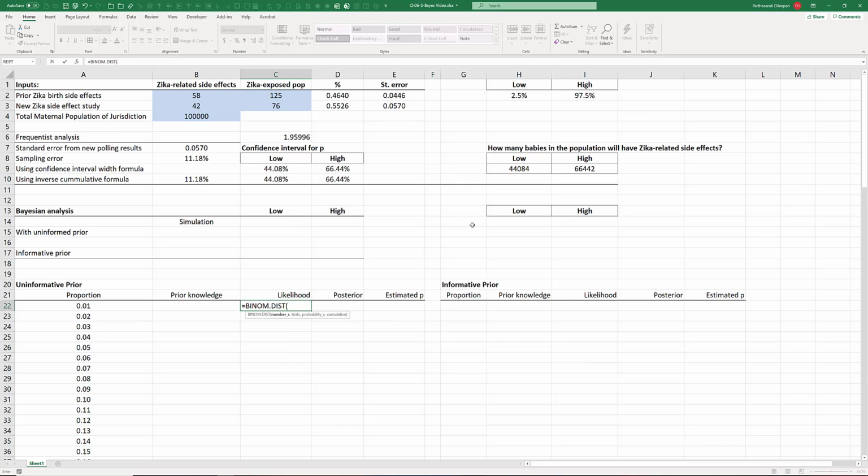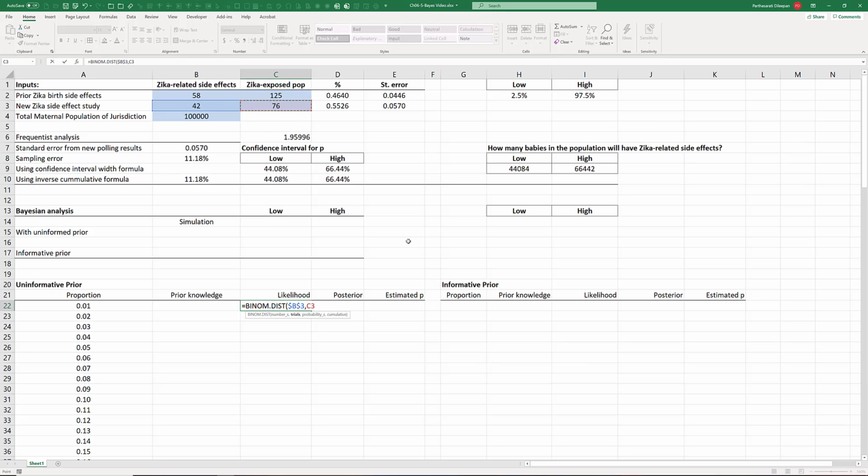BINOM.DIST. The first argument is B3, the number of quote unquote successes, which means birth defects, then the number of trials, which is C3.